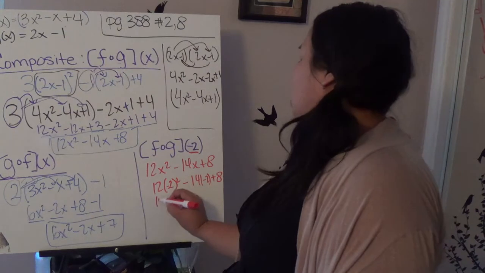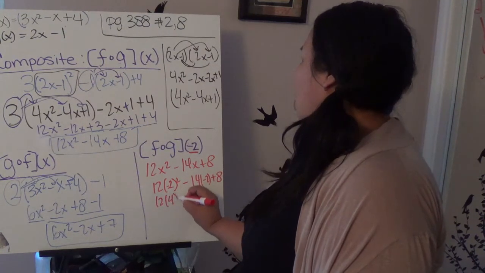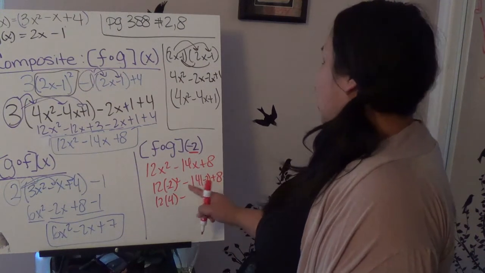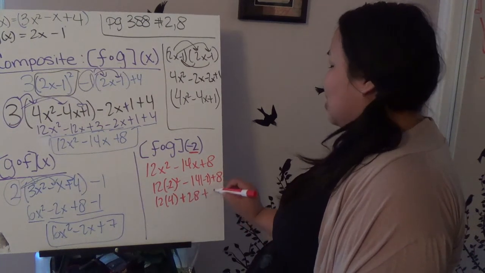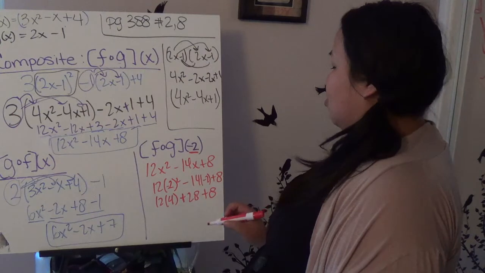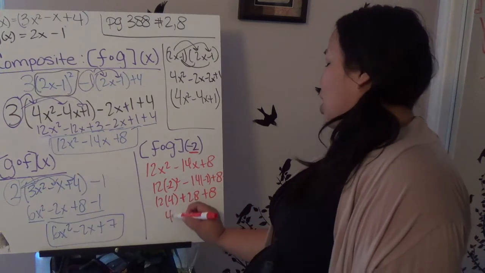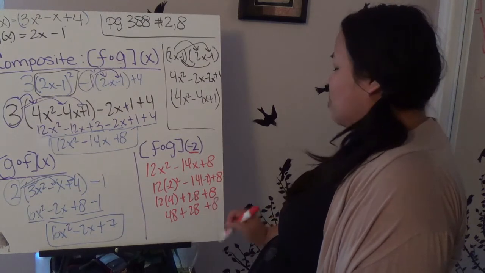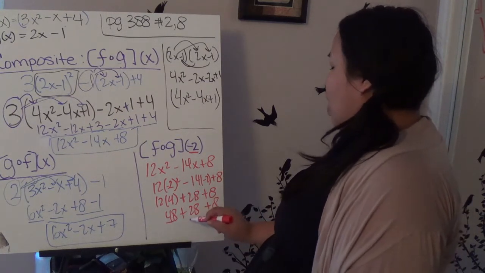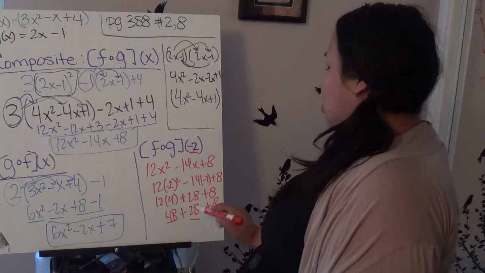Okay, this would be 12 times 4 minus, negative 14 times negative 2 is positive 28 plus 8, right? 12 times 4 is 48 plus 28 plus 8. And I'm going to add from left to right. Oh, my brain is not working.